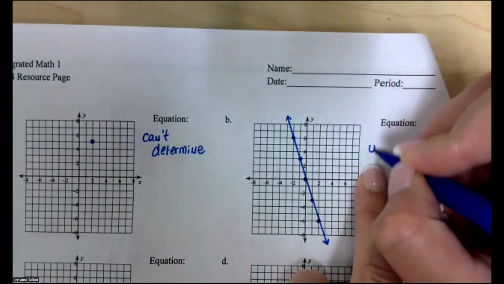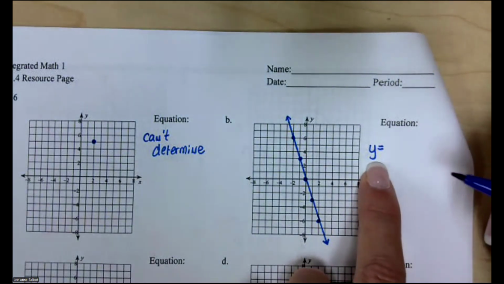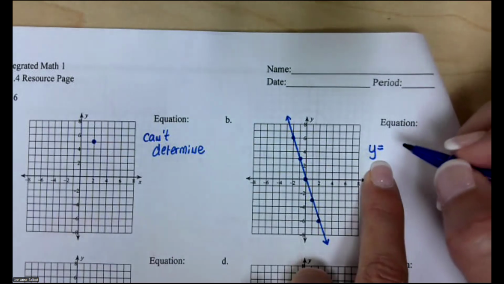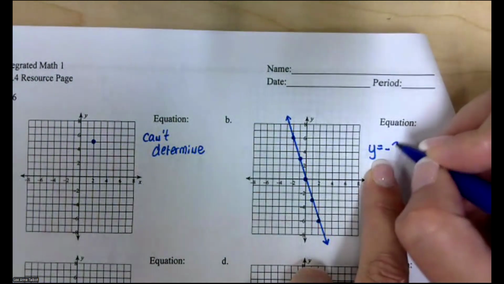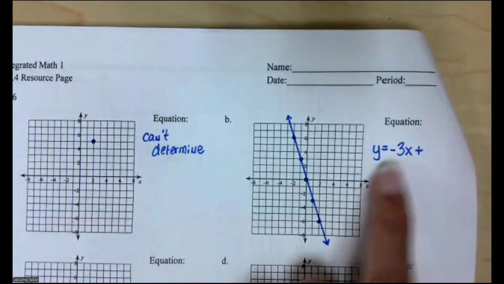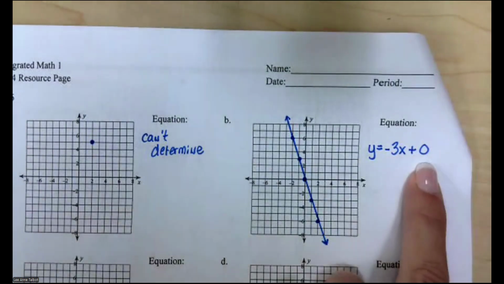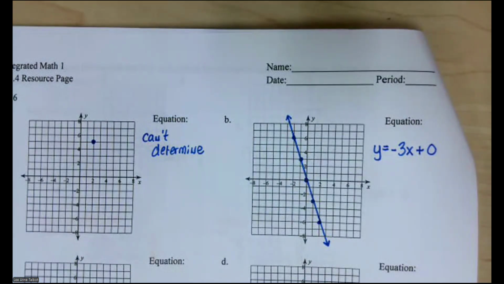Equation: y equals, what was the slope? -3x plus, and what is our y-intercept? 0. Okay, now you guys are not going to see this written like this ever.